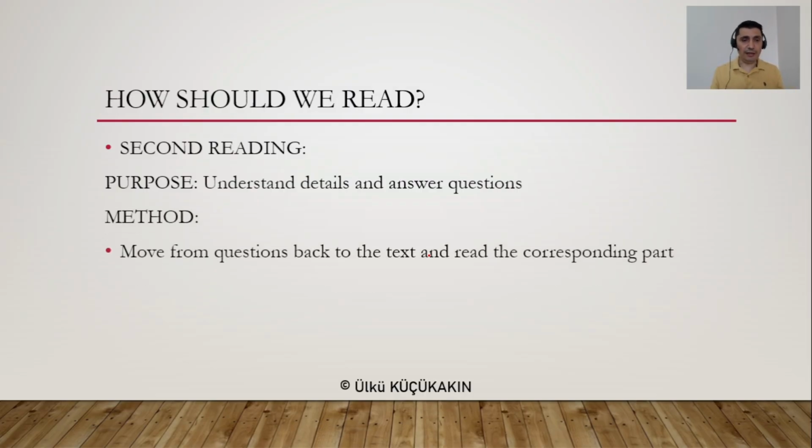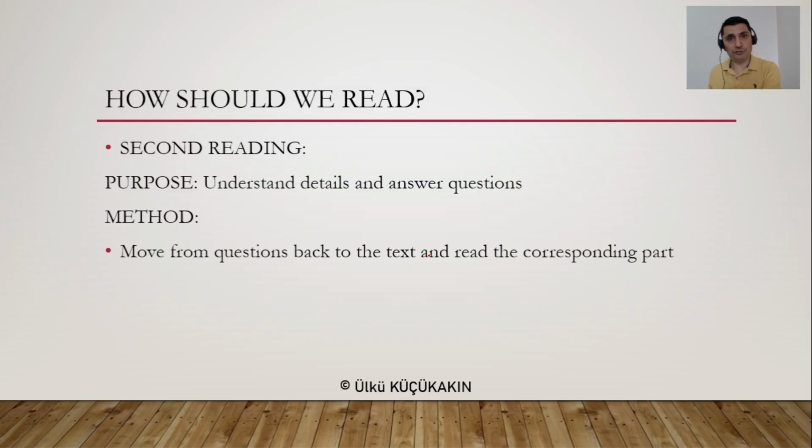Your method is actually going to the questions first, looking at the questions, and from the questions, you go back to the text, find the corresponding part, find the part that answers the question in the text, and read that part in great detail.